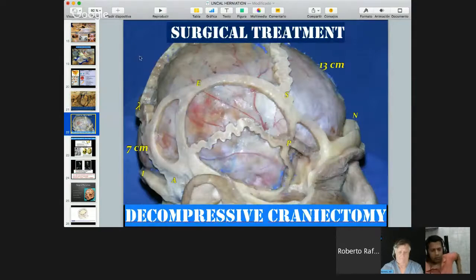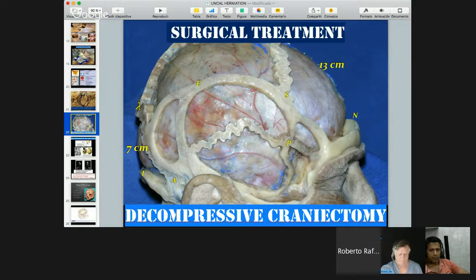Which are the treatments to better the condition of the patient? We can talk about the decompressive craniectomy.